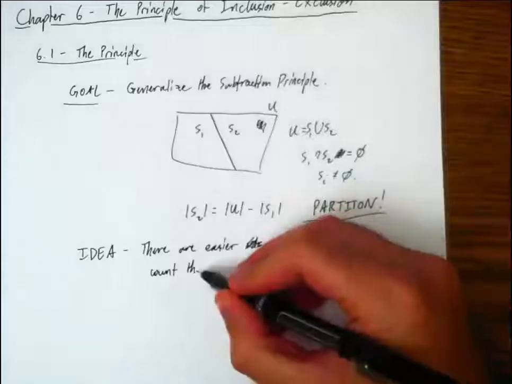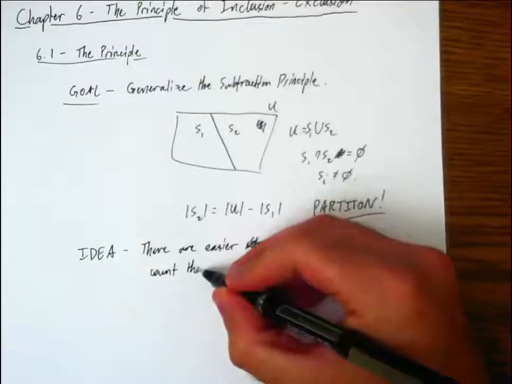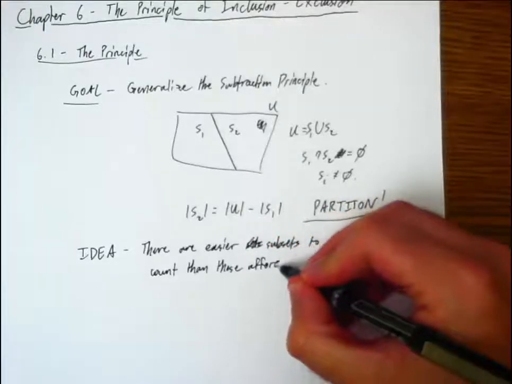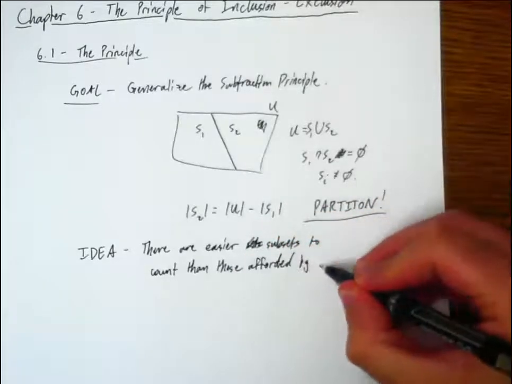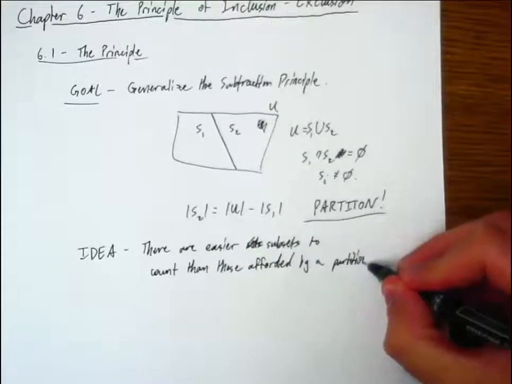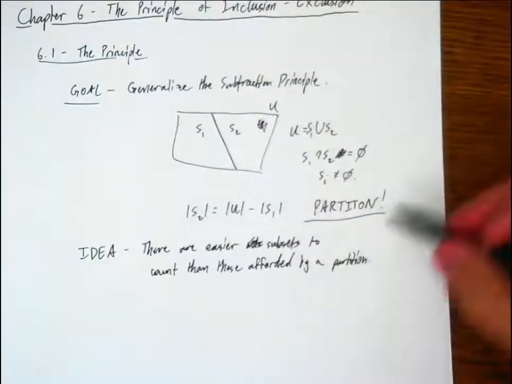There are easier subsets to count than those afforded by a partition. And we'll see exactly what I mean in a second here. But maybe there's a different way of dividing this set up.